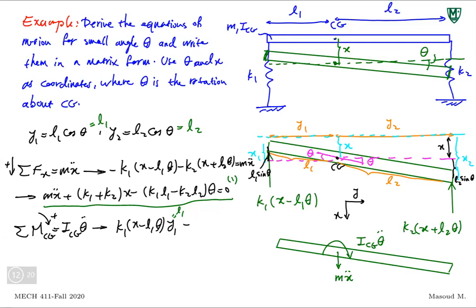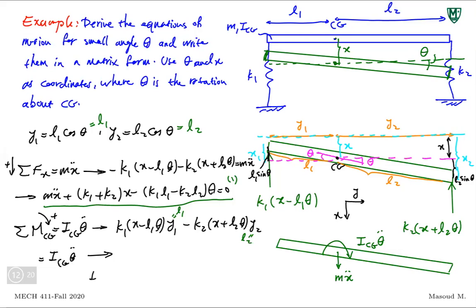So that becomes K2 times (x plus L2 theta) times Y2. And this is equal to I_CG theta double dot. You can move things around, replace Y1 with L1 and Y2 with L2, based on the geometry.